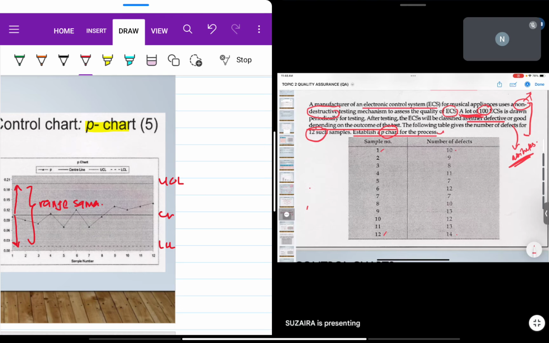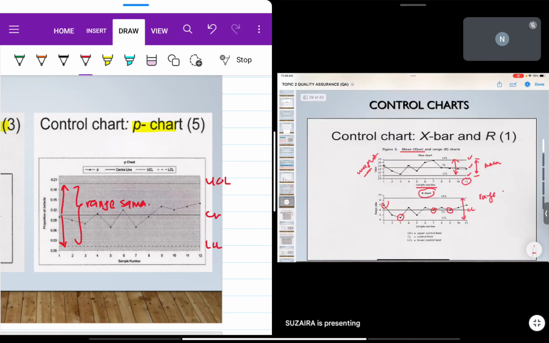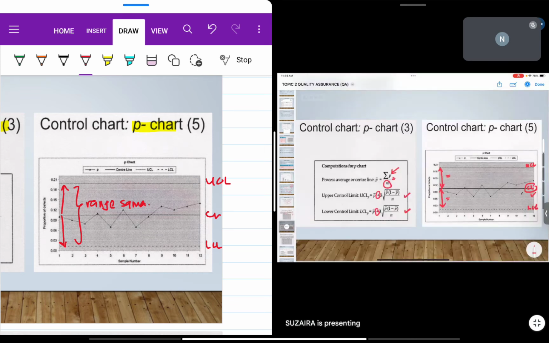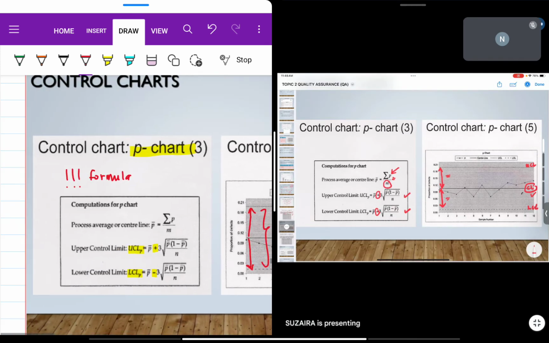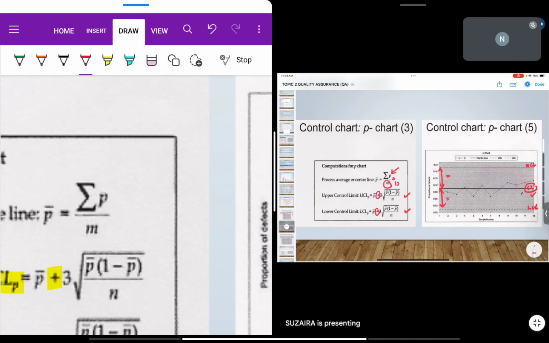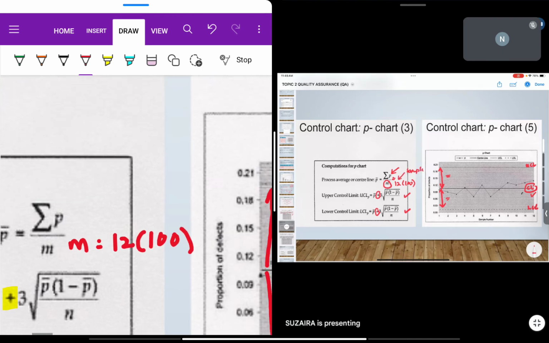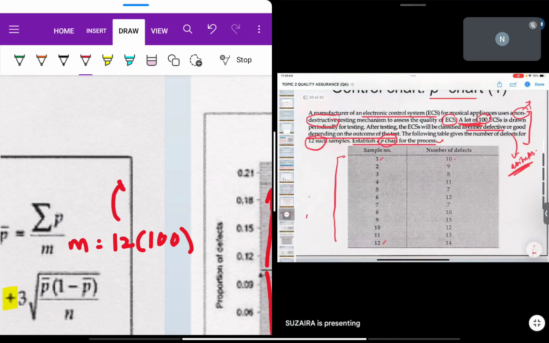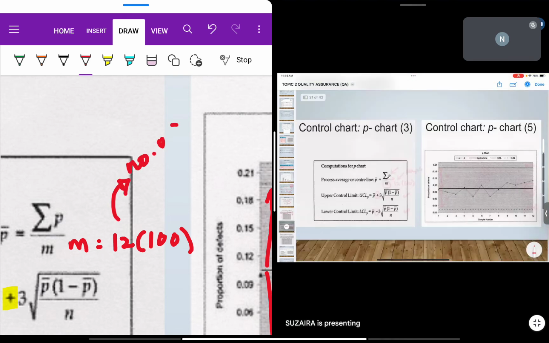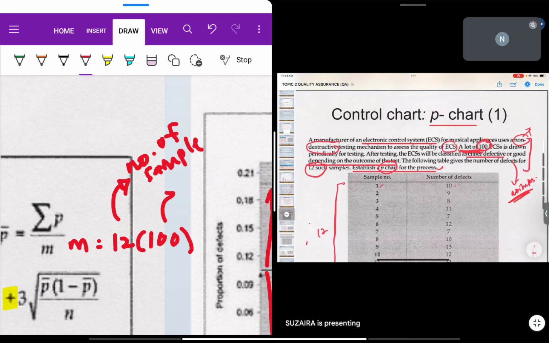Okay, so whenever you calculate this one, it will be divided by M. Okay, so M is actually 12 times 100 just now. The 12 is the samples that you collect from this data, and 100 is actually the lot size, a lot of hundreds.